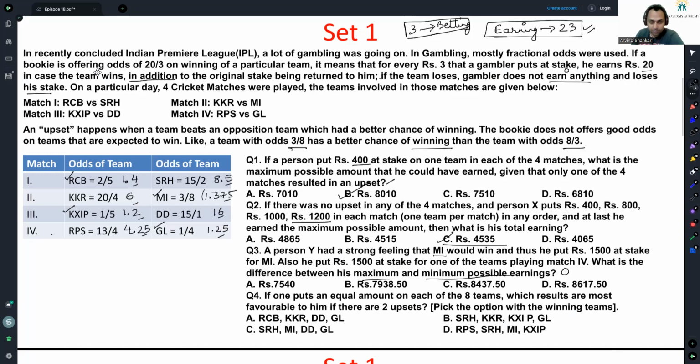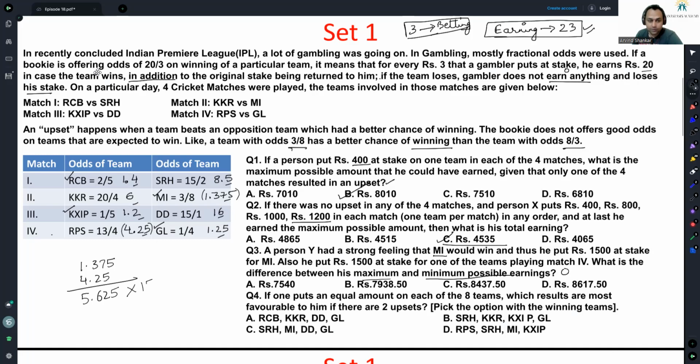He's bet for Mumbai. And let's say in the 4th match, if he's betting for one of the teams and we want a maximum possible outcome, let's say he bet for RPS. So his return would be 1.375 plus 4.25 adds up to 5.625. This much return for how much? 1,500 in both the matches.